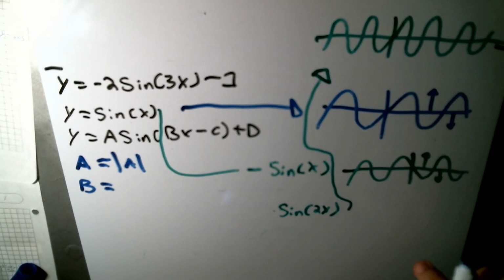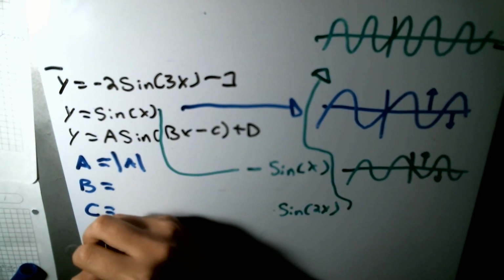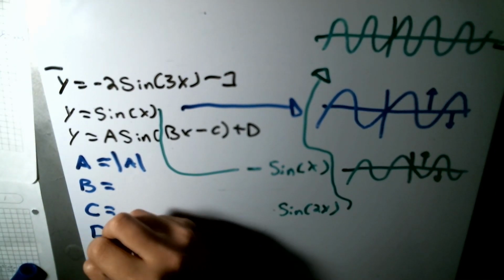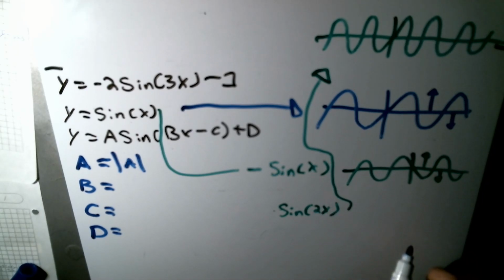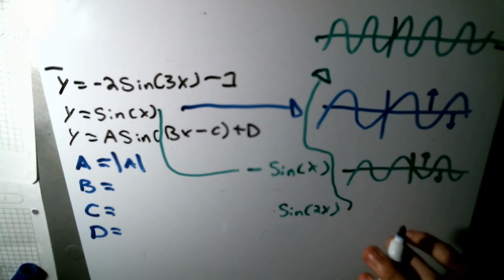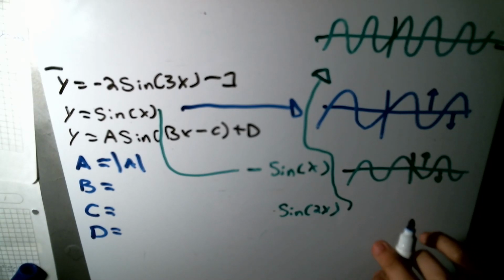Now we're going to see what c does. We're going to look at c and d. The only thing they do is, in the case of c, it moves the graph to the right or the left because it is on the x-axis.